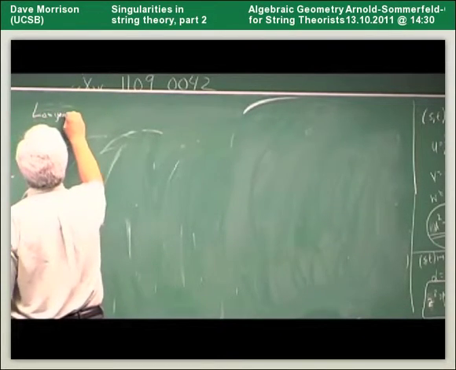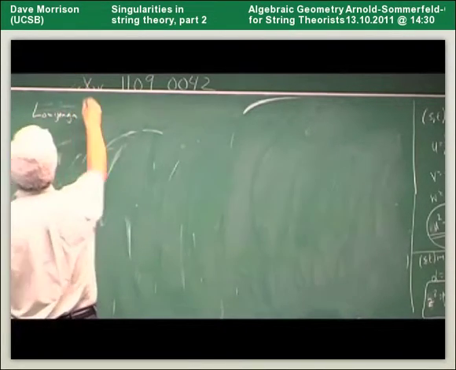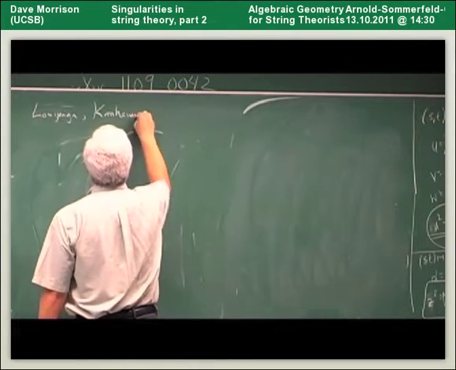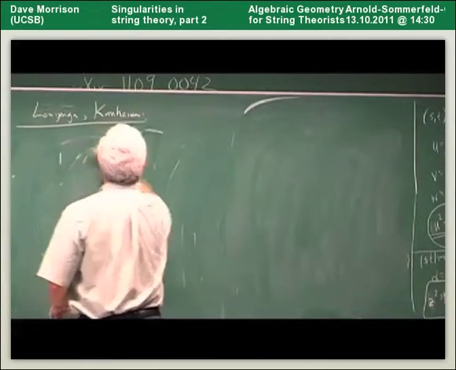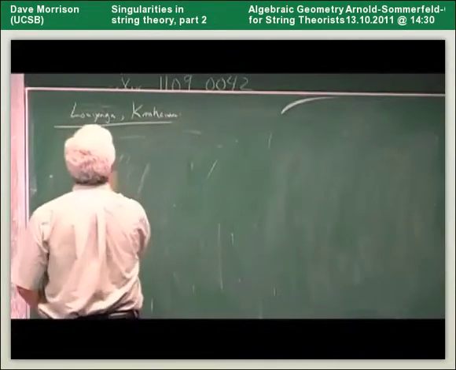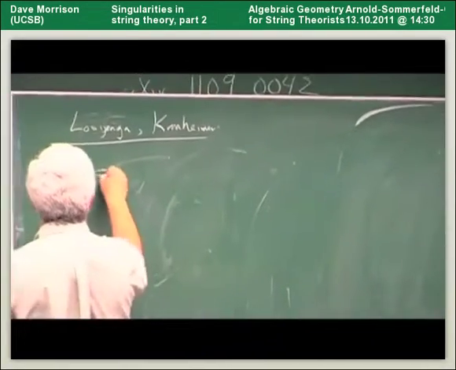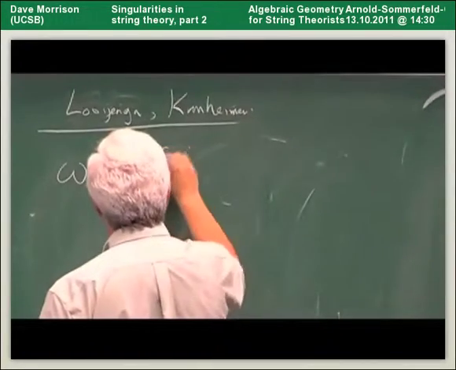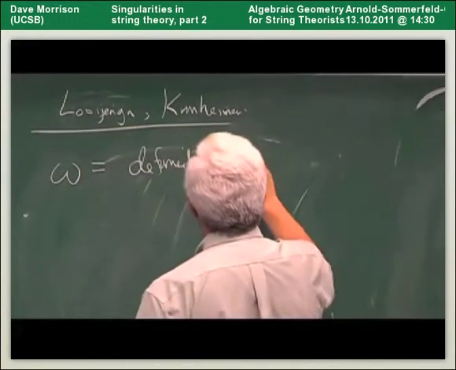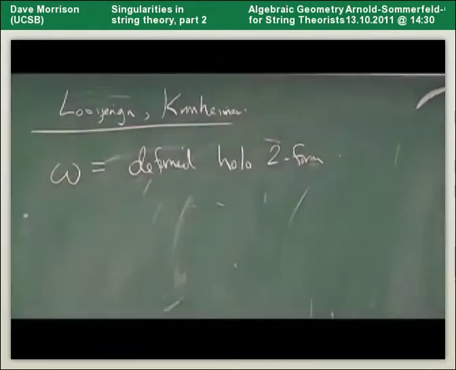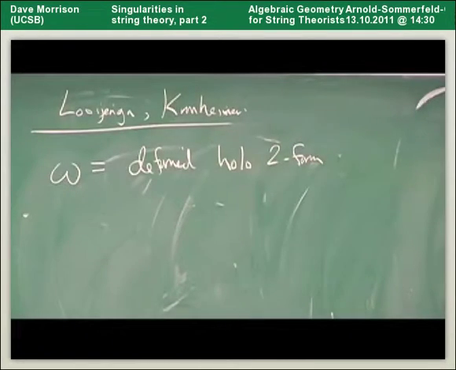So, and this refers to both, I've already mentioned Durfee, who has all the characterizations. Lyashko and Kronheimer had the following sort of point of view. Looijenga's point of view is that I should take this object omega, which is the deformed holomorphic 2 form, which I should consider everywhere away from singularities of this guy.